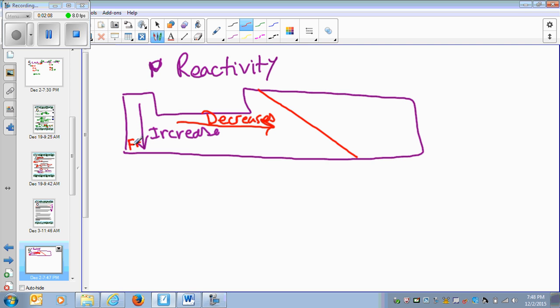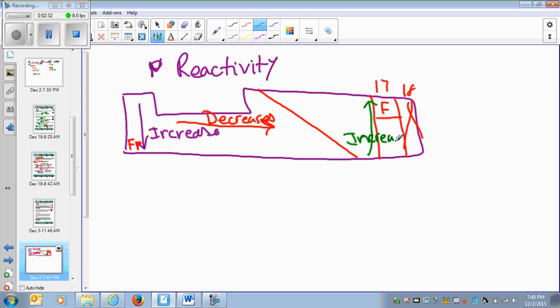So francium is the most active metal. On the other hand, on this side, I'm not talking about noble gases. After the noble gases, I have fluorine here, and fluorine is the most active non-metal. So for non-metals, the activity increases as you go up.